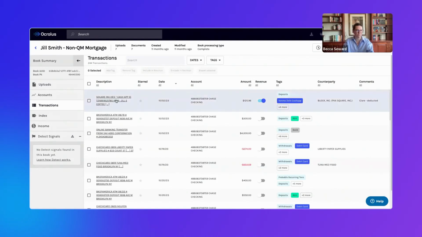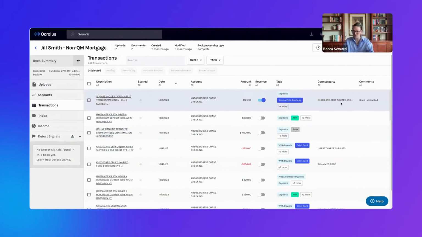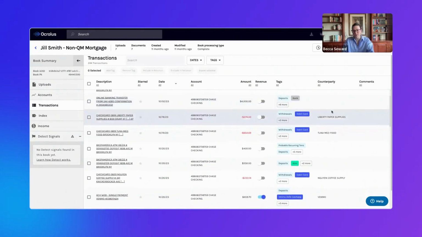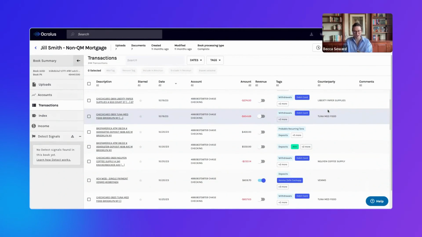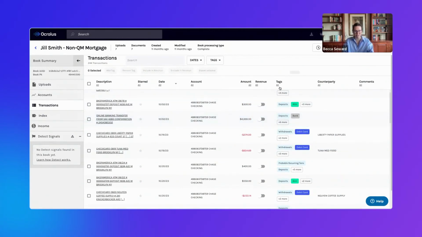So if there is perhaps a certain depositor, whether that's a counterparty, here we see Block Incorporated, otherwise known as Square, or if there are other counterparties or transactions that you may want to bulk include or bulk exclude, you can filter leveraging the tags, or you can filter leveraging a search feature.